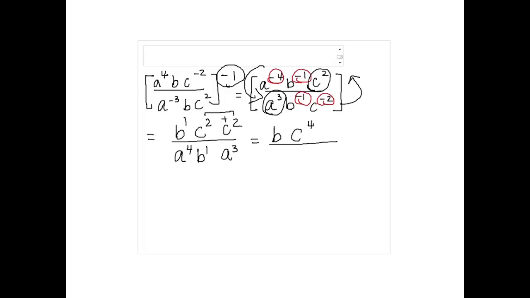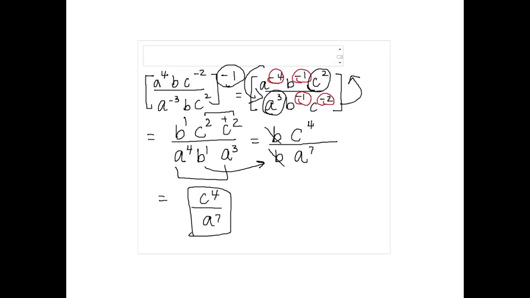In the bottom, we have b, and since we have 2 bases that are the same, a, we add the exponents, so we get a to the 7th. And we can cancel the b's on top and bottom. The answer will be c to the 4th over a to the 7th power.